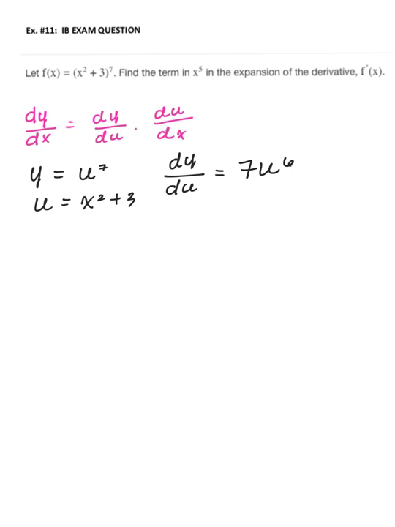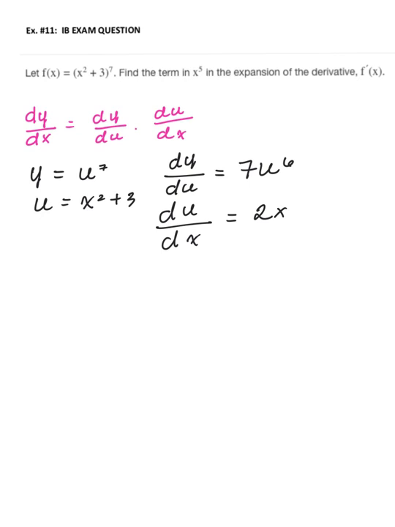Great. And now I'm going to differentiate the u part of it, du over dx. So derivative of u with respect to x is going to be what? 2x. Great.